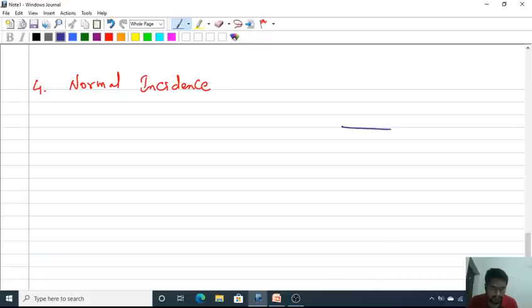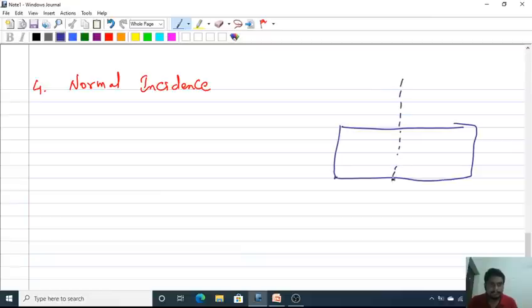Let us take the same media, medium 1 and medium 2. Now I'm taking air and glass. If the light is incident along the normal, this is called normal incidence. For normal incidence, the angle of incidence is 0. Why? Because the incident ray is along the normal.